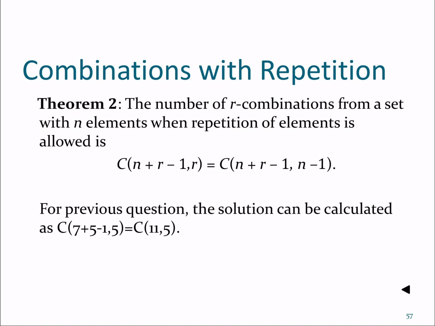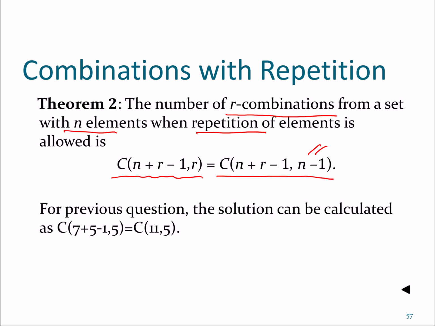From this example, we can easily see that the r-combinations from n elements with repetition allowed is equal to C(n plus r minus 1, r), or it's also equal to C(n plus r minus 1, n minus 1).